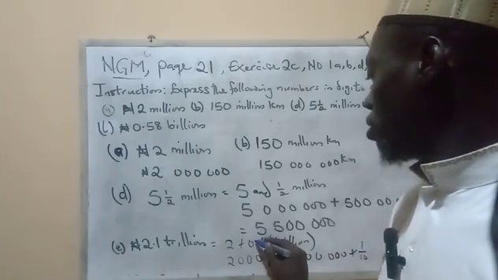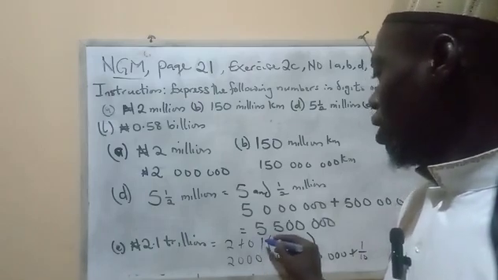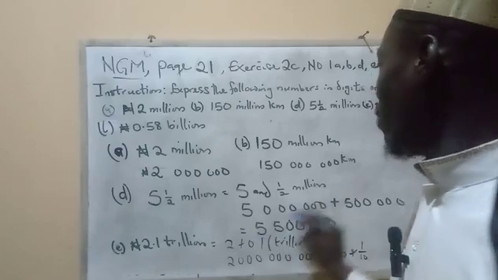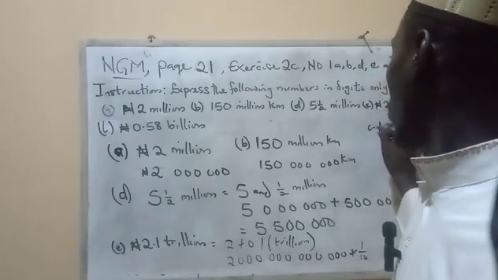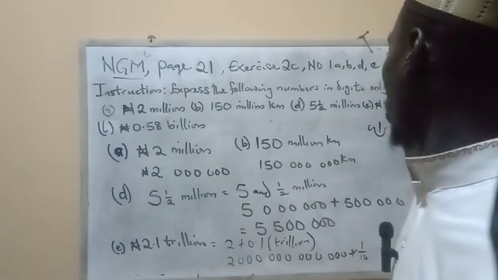When you take the point here, it means you have 1 all over 10.